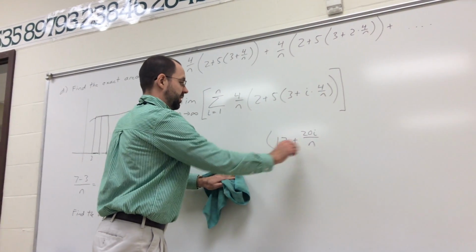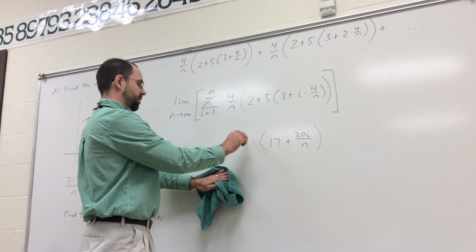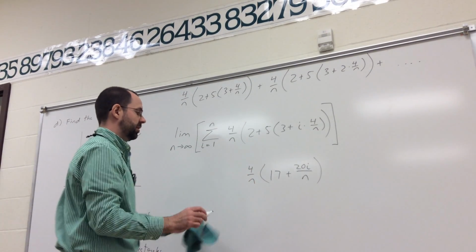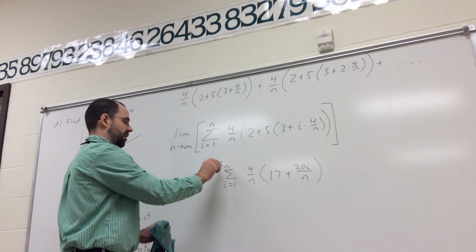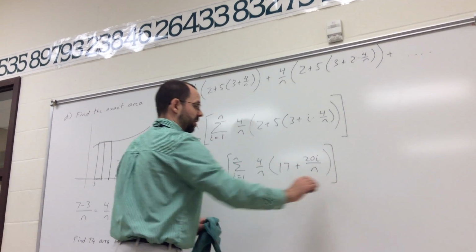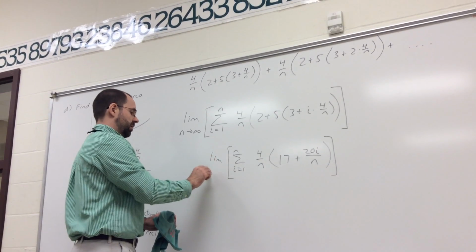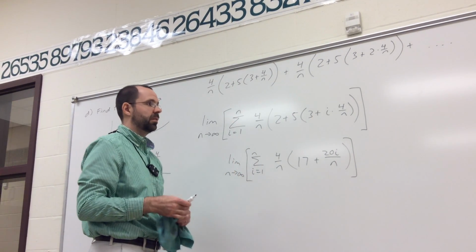So there's my parentheses, 17 plus 20i over n times 4 over n. I'm going to add that up from i equals 1 to n, and then eventually I'm going to take the limit as n goes to infinity of that.